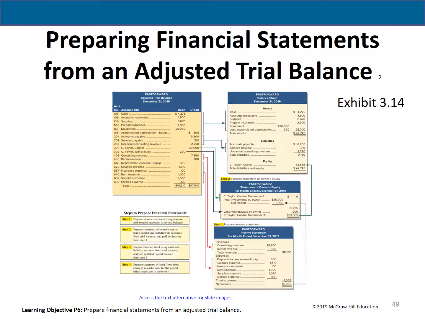We never had depreciation expense equipment. Now we do. Insurance expense. Supplies expense. We had a supplies account, but we didn't have supplies expense. So you're going to see this expense section is expanding. Still an expense. Group them together, add them up, subtract your expenses from your revenue. If it's positive, net income.